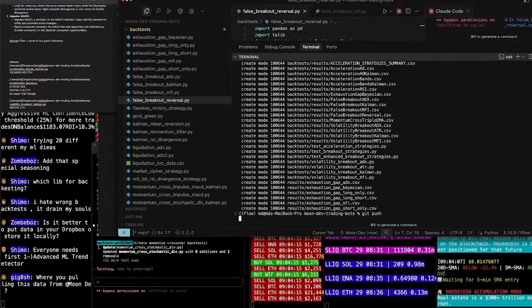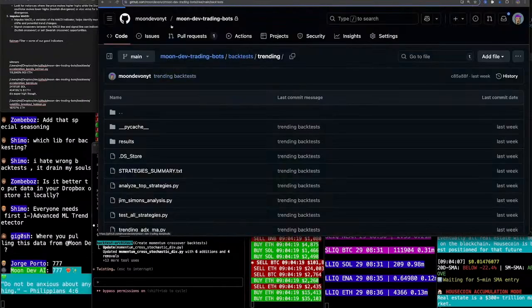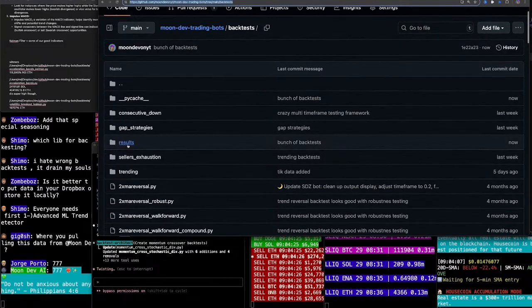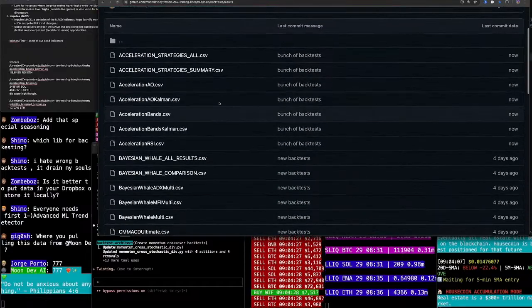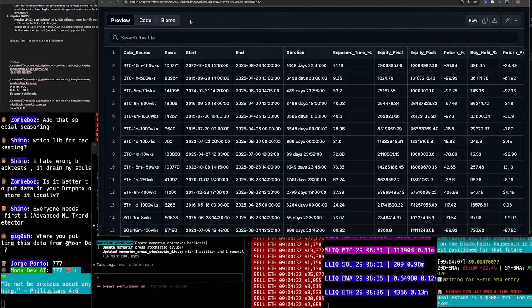Git push. So let's go ahead to the GitHub here. Backtests here. I think the results are here as well. So that's cool. Yeah. Beautiful.